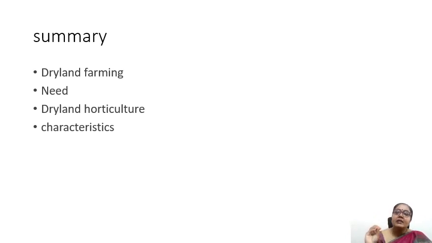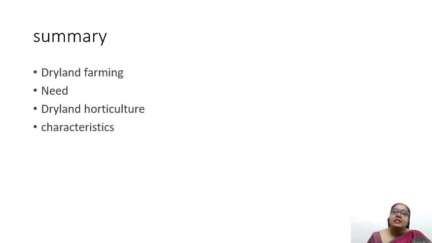This dryland horticulture is helping farmers a lot, as it is beneficial to them, because they're making use of this to grow a variety of fruits. Basically, they are into mango, custard apple, jamun, amla, and sometimes even growing tamarind and pomegranate.